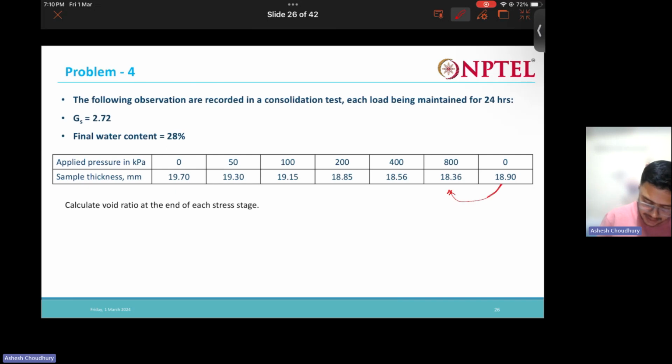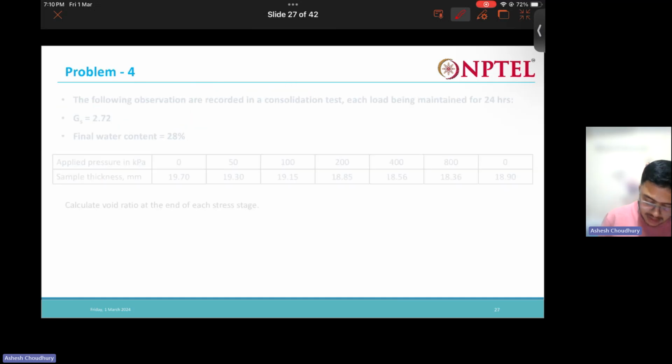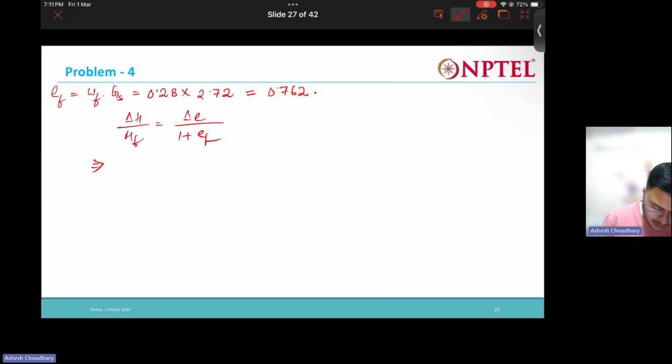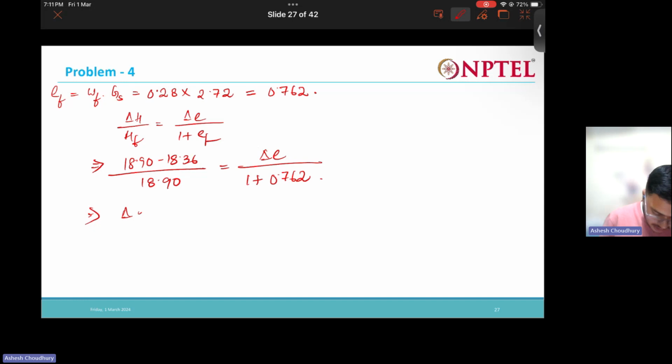So this delta HF is 18.90, so delta H will be 18.90 minus 18.36. If we do this, we can get delta E.